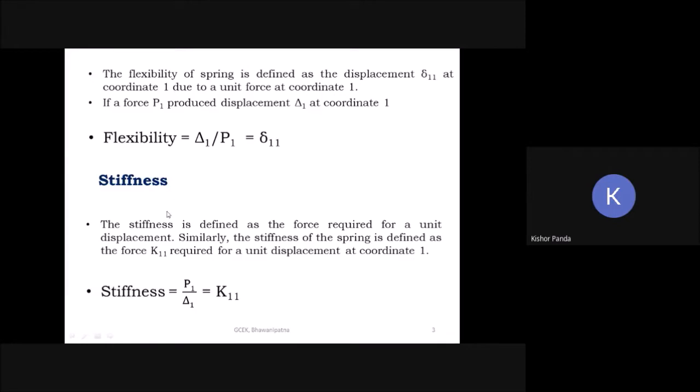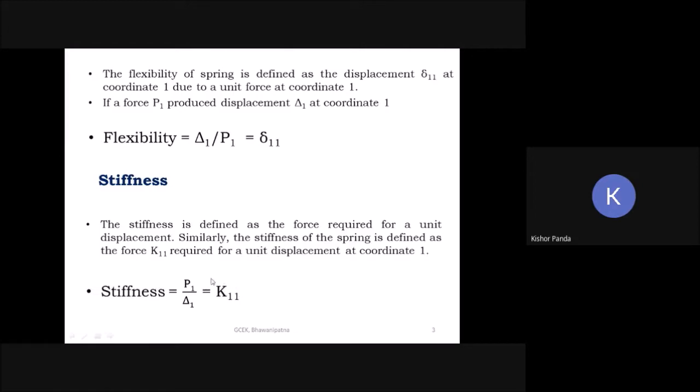Similarly, what is stiffness? The stiffness is defined as the force required for a unit displacement. Flexibility is displacement for a unit force, and here it is the force required for a unit displacement. Similarly, the stiffness of the spring is defined as the force K11 required for a unit displacement at coordinate 1.